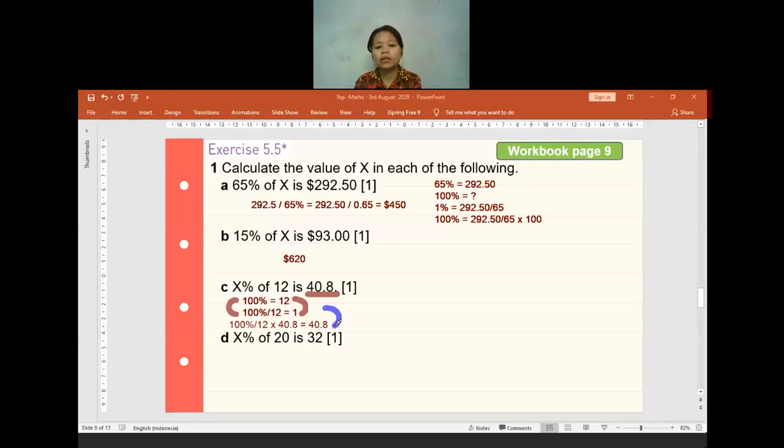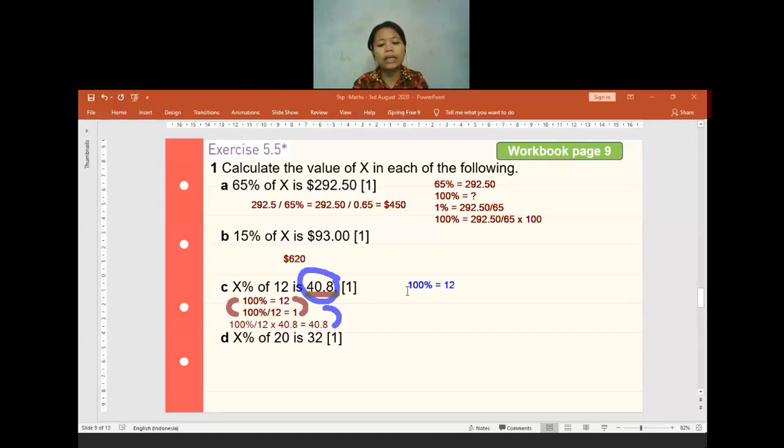How can the result be 40.8? Because I'm going to find how many percent 40.8 is. 8% of 12 is 40.8. So it means if 100% is equal to 12, how many percent is equal to 40.8? 100% is equal to 12.